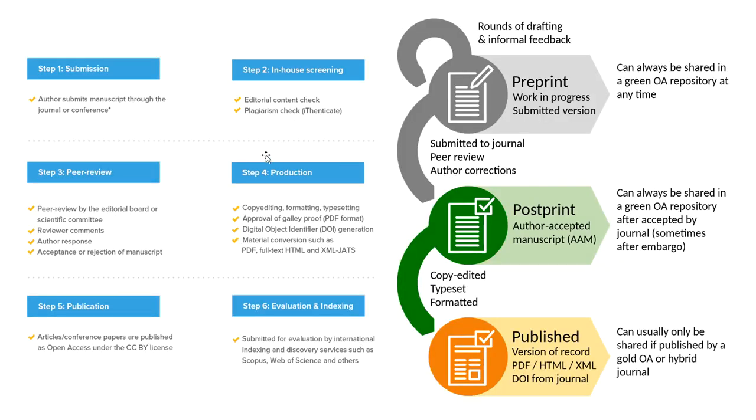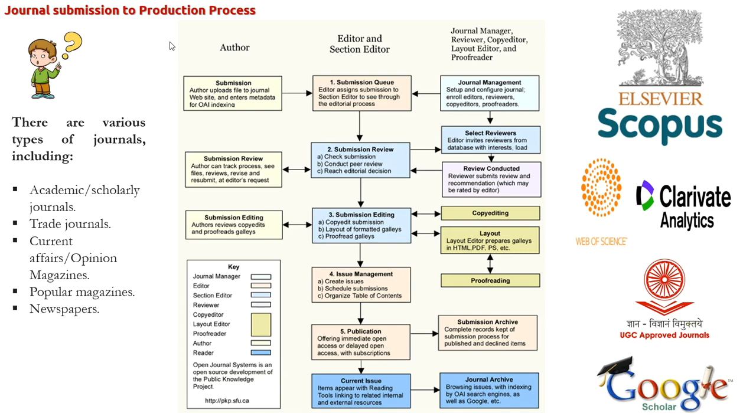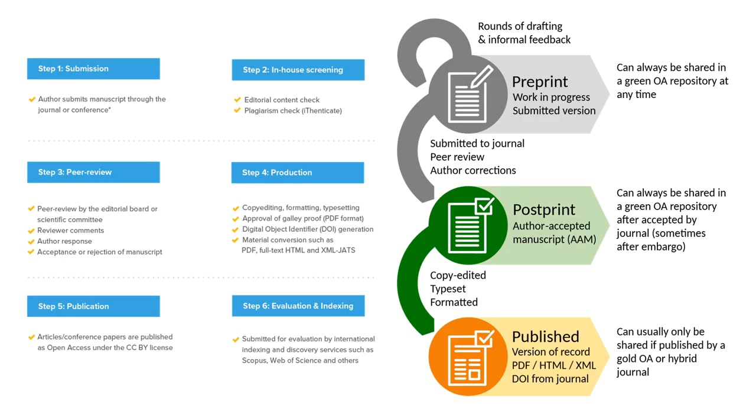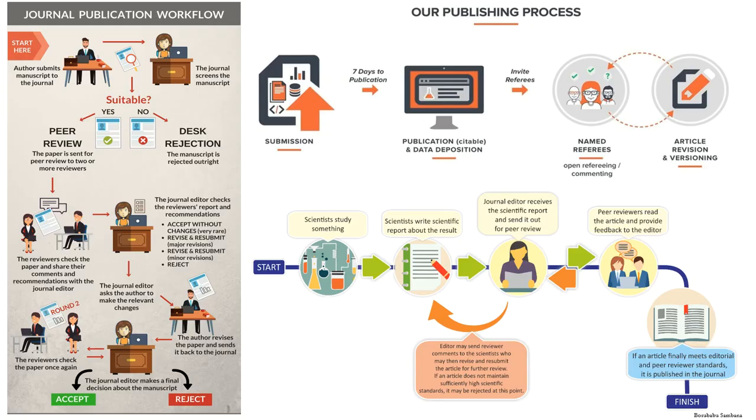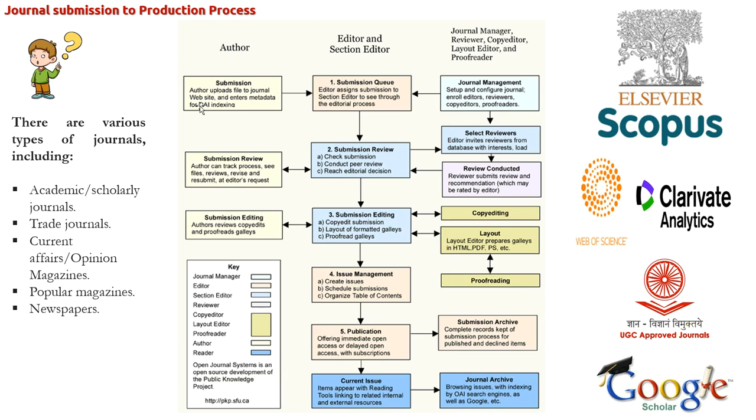This diagram represents the production stage. The author sends a submission article, then it goes to the editor's section submission queue.